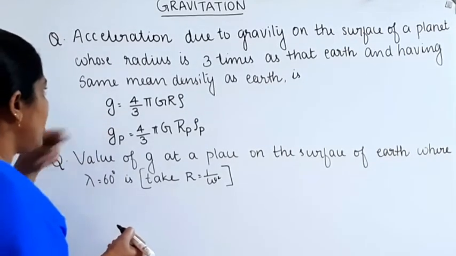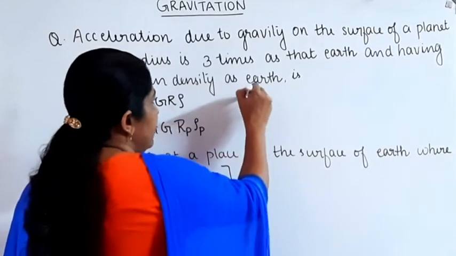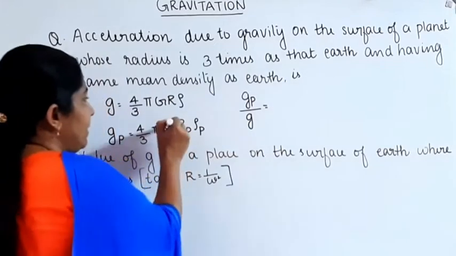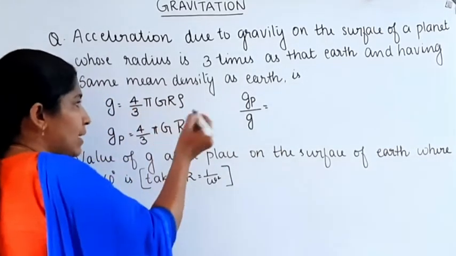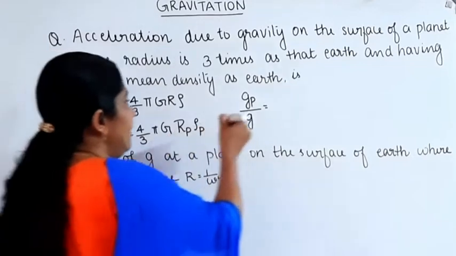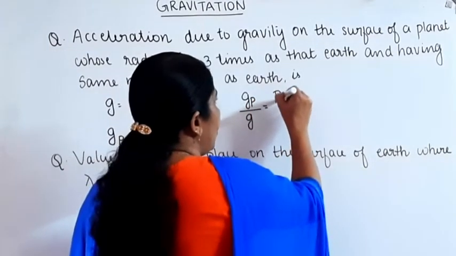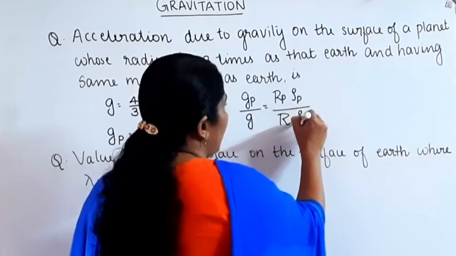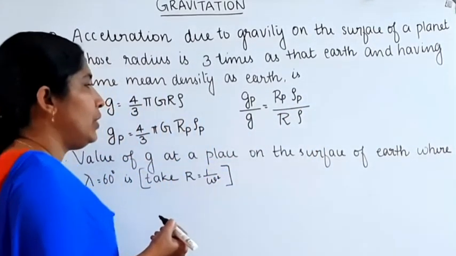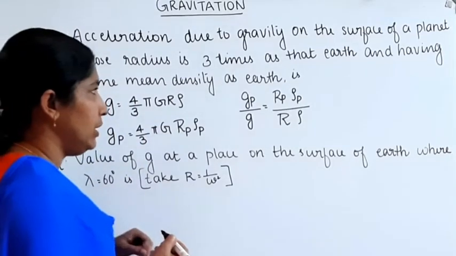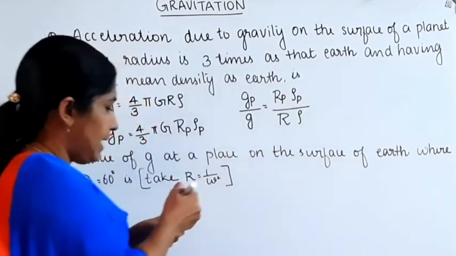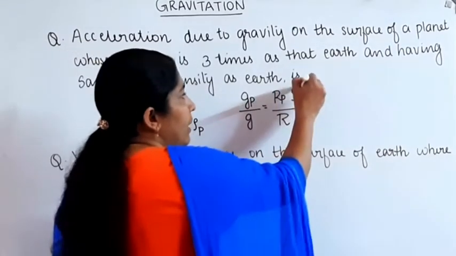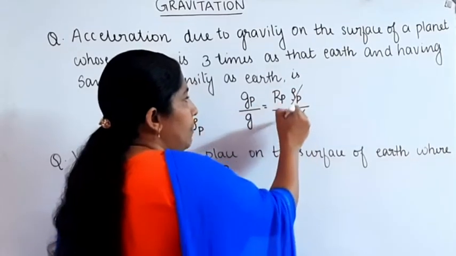On dividing these two equations, we can write Gp divided by g is equal to 4 by 3 pi G, a constant, that term gets cancelled, then Rp into rho p divided by R into rho. Capital R is the radius of the earth, rho is the density of the earth. Densities are the same, since in our question they have the same mean density, so density gets cancelled. Then Rp by R.